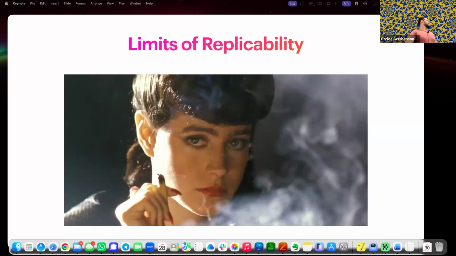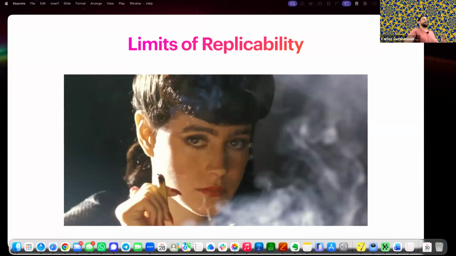Replicability. You might have heard about the crisis of replicability in sociology and psychology. There have been these classic experiments made in the 60s, 70s, 80s, and they are used to teach undergrads all over the world. I think it was around 10 years ago, or maybe a bit less, that there was an effort to replicate these experiments.